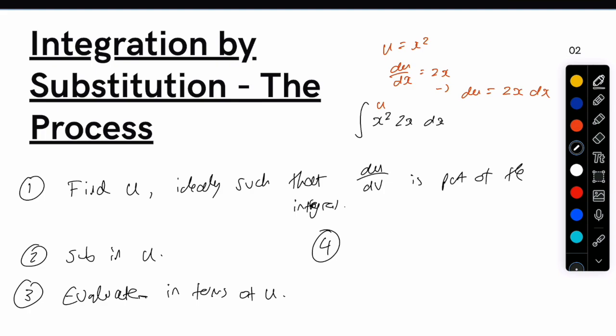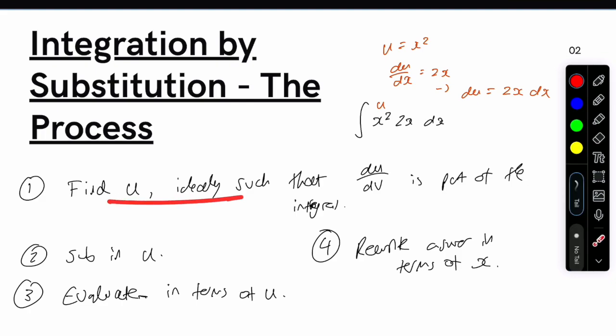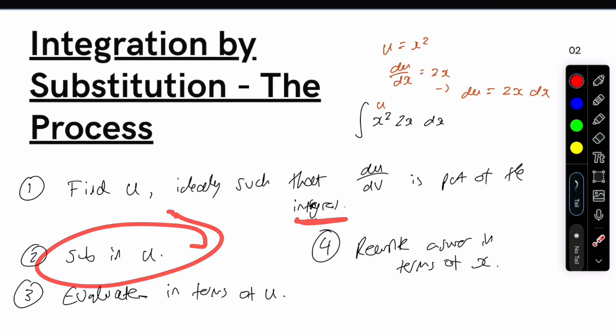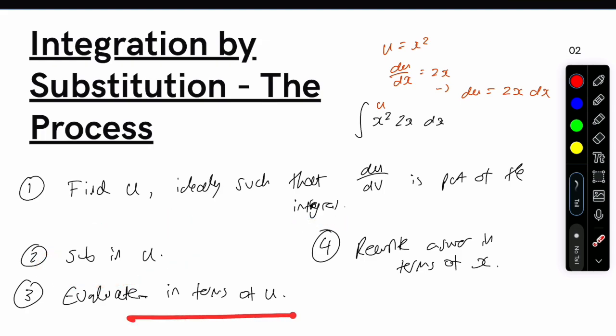And number 4, we're going to rewrite the answer in terms of x, or whatever the initial variable was, right? So find u such that du by dx is part of the integral. Then we're going to sub in u. We're going to then evaluate in terms of u, and then rewrite in terms of the original variable. Most of the time is x.